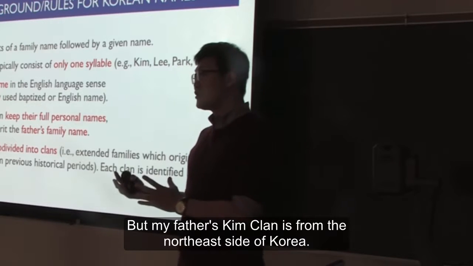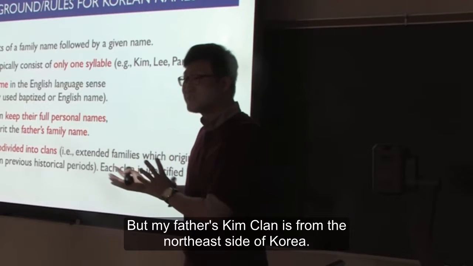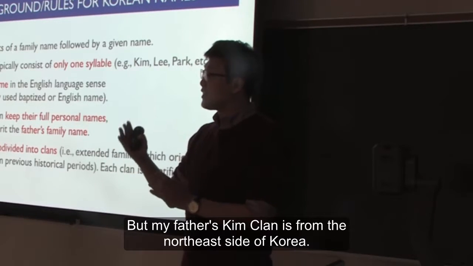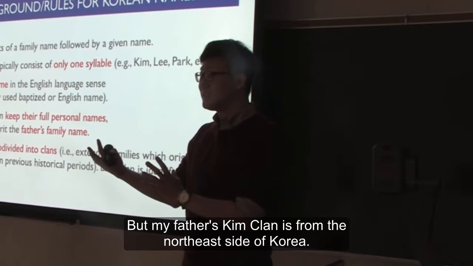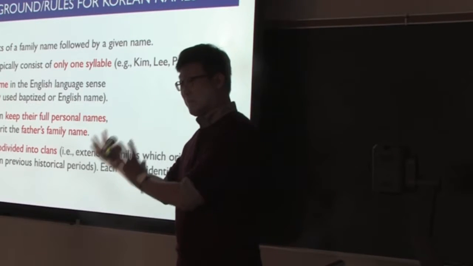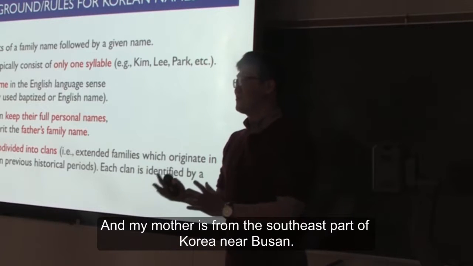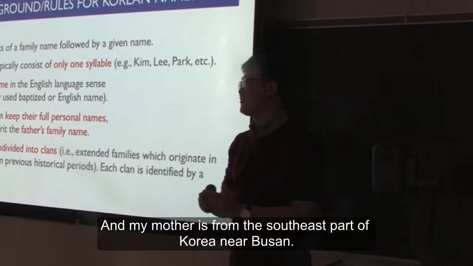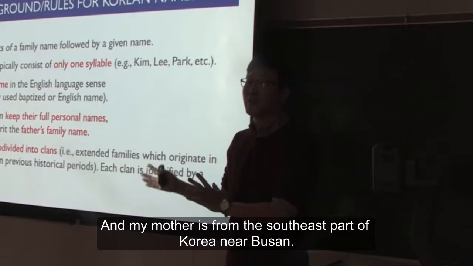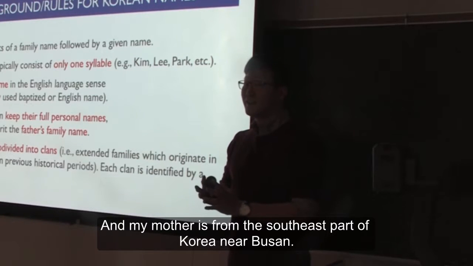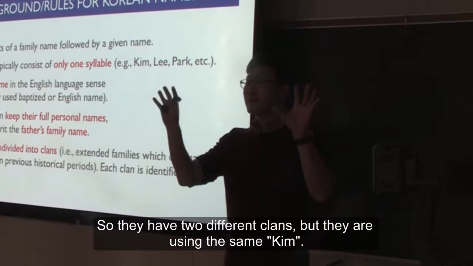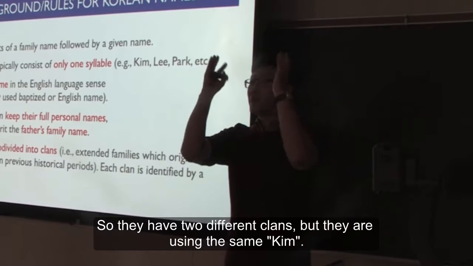My father's Kim clan is from the northeast side of Korea, Gangneung, so Gangneung Kim. And my mother is Gimhae Kim, which is from the southeast part of Korea, near Busan. So they have two different clans, but they're using the same Kim.